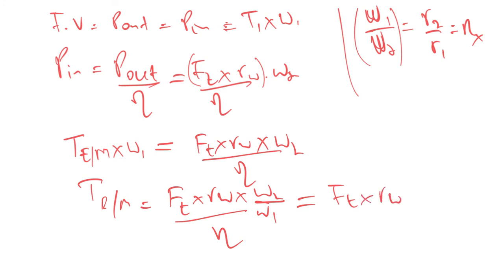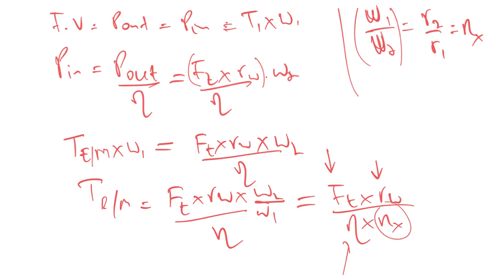Ft over efficiency times Nx. Right. Remember, we know the tractive force at the wheel. We know the radius of the wheel. We can assume the efficiency to some extent. We have the gear ratio.